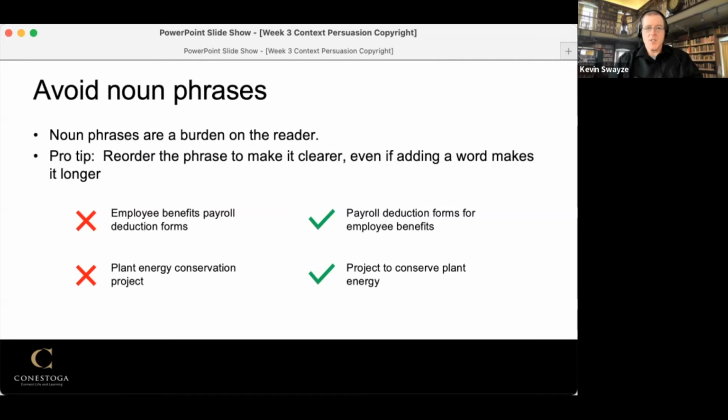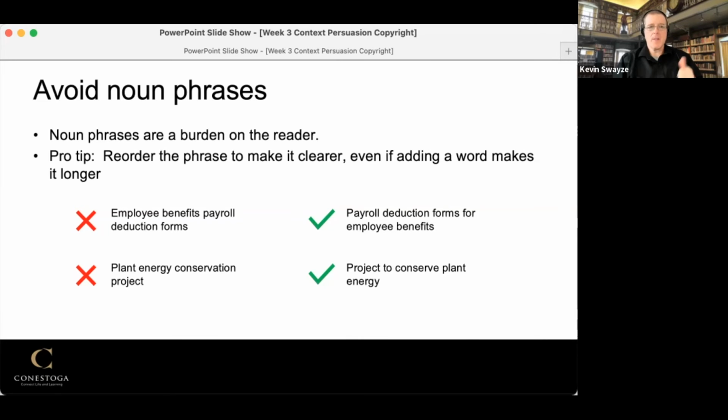This is challenging because it's a description. And oftentimes in a sentence, you're trying to describe a complicated thing in as few words as possible. So it's easy then to start putting description in front of description in front of description. So let's take a look at this example, employee benefits payroll deduction forms.